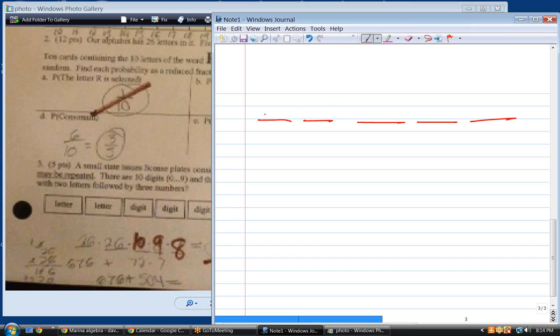How many letter possibilities can we have in the first spot? 26. How many can we have in the next spot? 26. How many numbers can we have in this spot? 10, I guess.